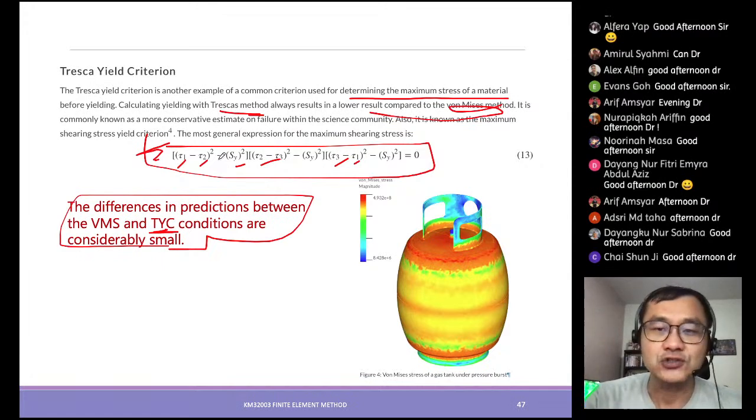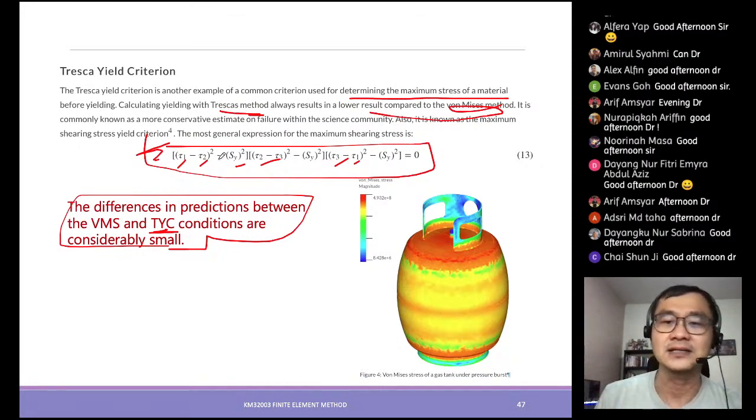to select, and it's also good that you can get some comparisons, like research papers that compare real experiments, to see which one gets closer, which predicts better, whether principal stress, von Mises stress or the Tresca yield criterion, for certain failure conditions.